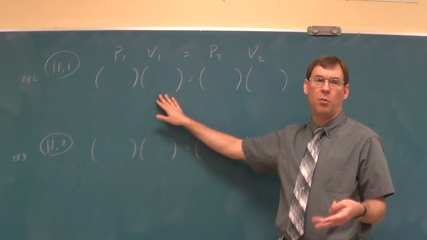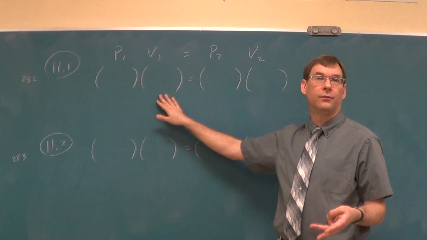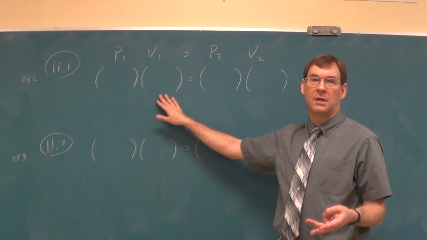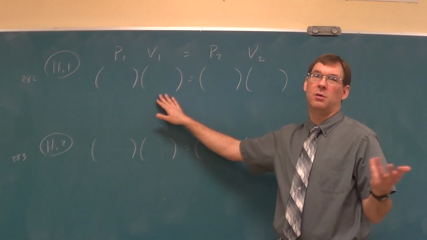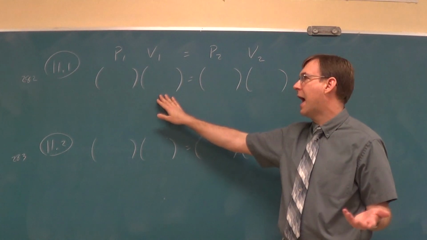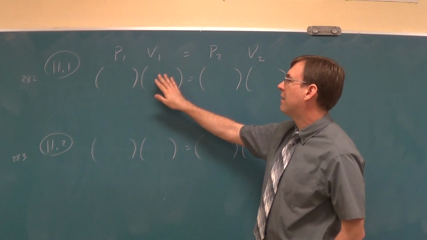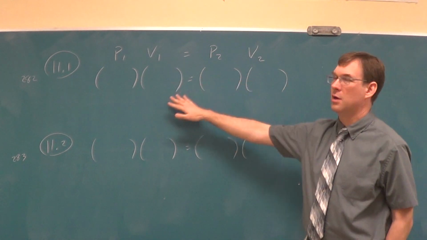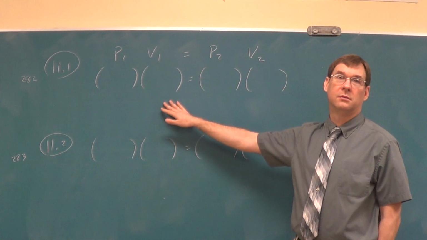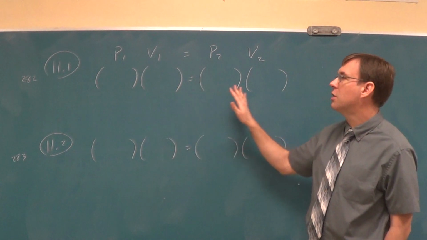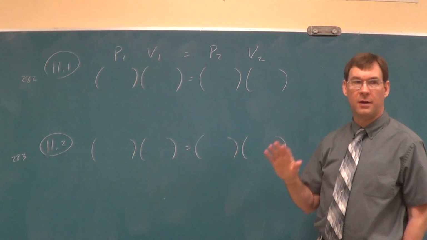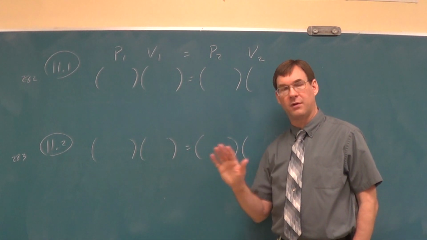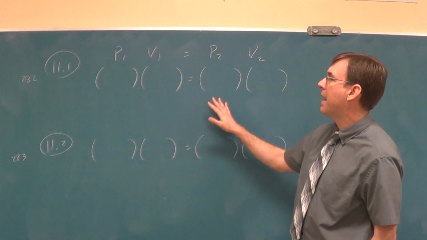But there's something our book does sometimes: cubic whatevers, cubic meters, cubic centimeters. Anything that's cubic. Again, to make this work, you just have to make sure the 2 volumes use the same unit. If they're milliliters, they're both milliliters. If they're liters, they're both liters. Just make sure that they match.